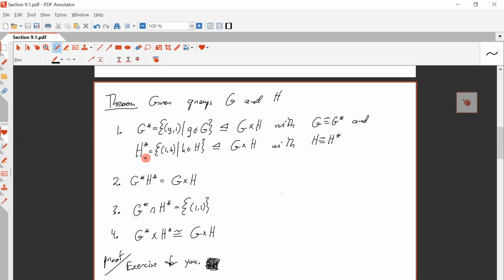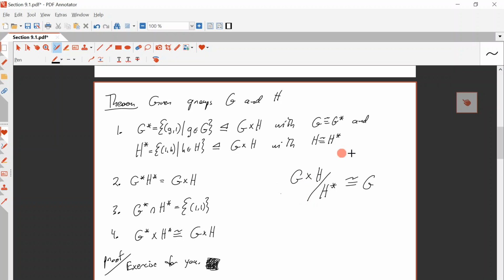And you've also got an isomorphic copy of H within G cross H, again defined in the obvious way. And those are normal subgroups of G cross H. By the way, the obvious thing that you would think is true, that G cross H mod H star is isomorphic to G, is true as well. Again, it's a by definition type statement.